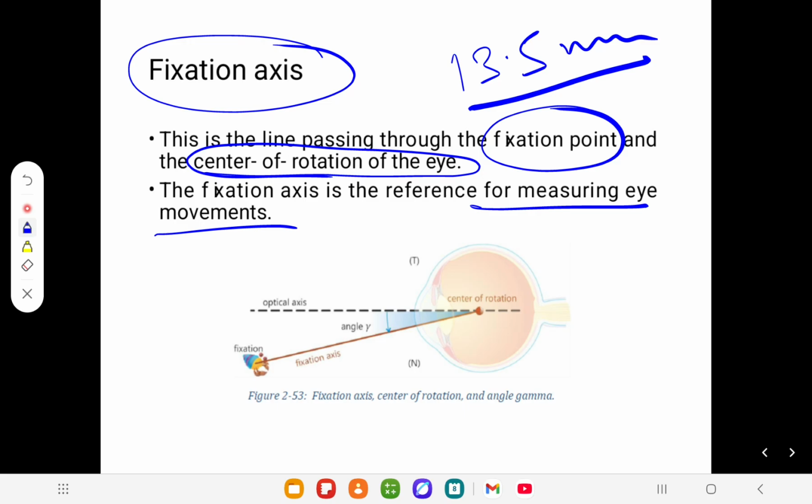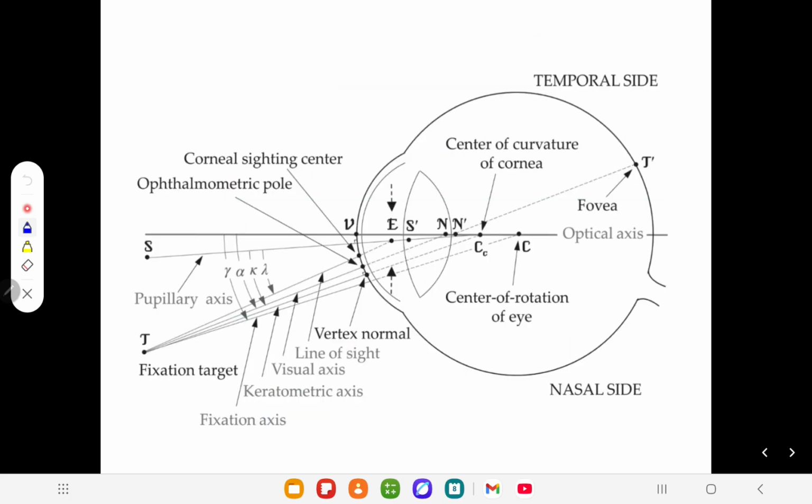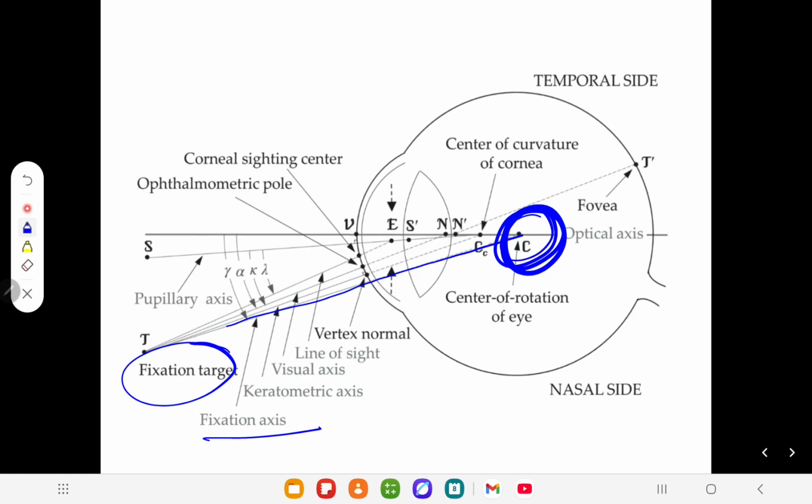The angle between the optical axis and the fixation axis is called gamma. It's there sometimes. I don't know whether gamma is that important or not. Kappa is very important. So from the fixation point to the center of rotation, this line is called the fixation axis. Can you see this line? This line is called the fixation axis.